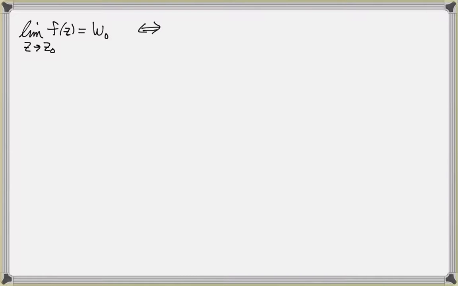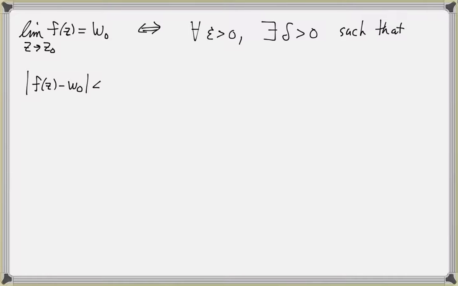We say the limit of f of z as z approaches z0 equals w0 if and only if for every positive number epsilon there exists another positive number delta such that the distance from f of z to w0 will be less than epsilon whenever 0 is less than the distance between z and z0, which is less than delta.